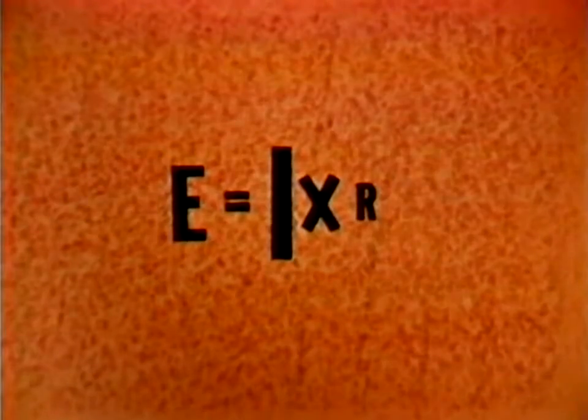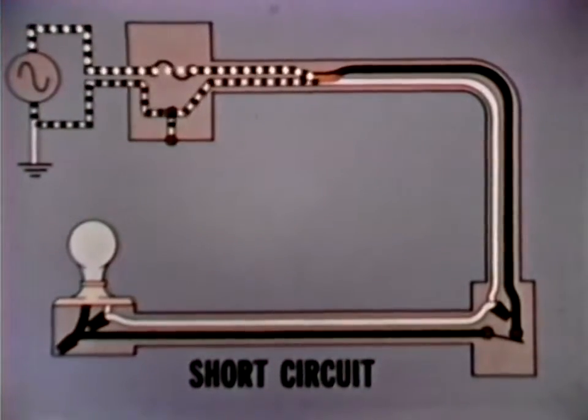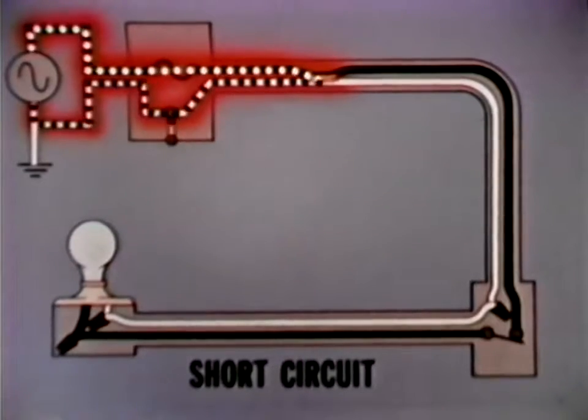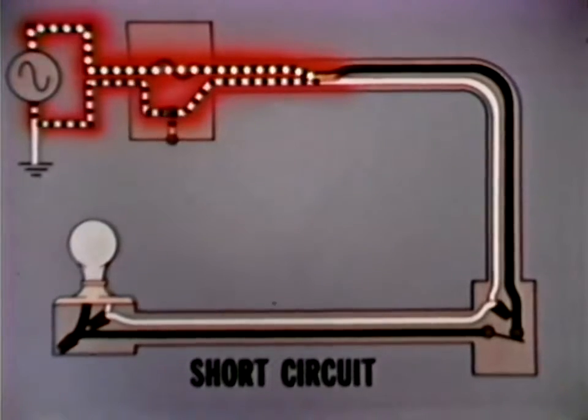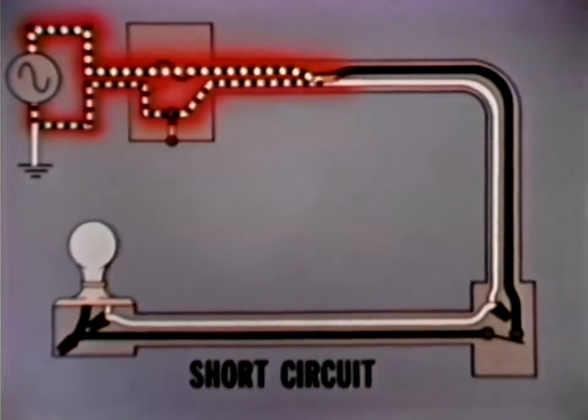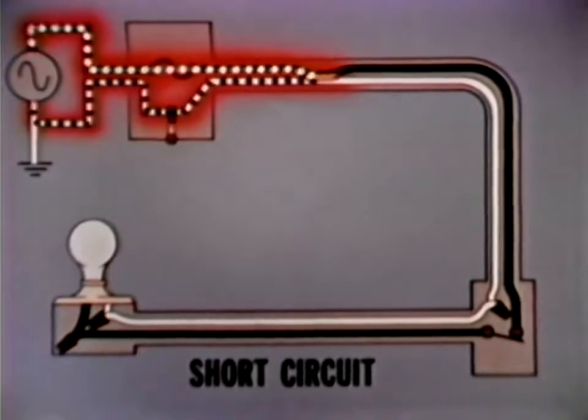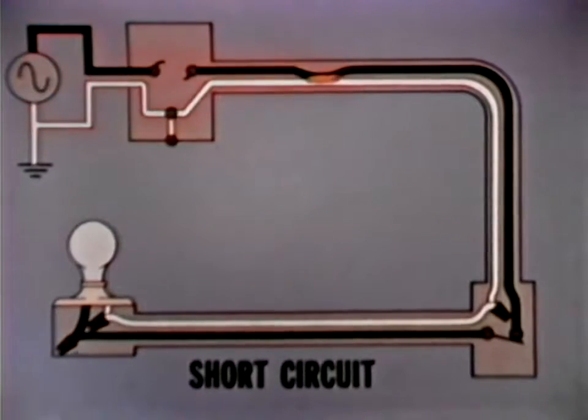According to Ohm's law, for a constant voltage, when the resistance is lowered, the flow of current goes up. This increase in current can cause heating of the wires and is the cause of many electrical fires. However, since the circuit is properly protected, the fuse or circuit breaker reacts to the excessive current and blows or trips, stopping the current flow.